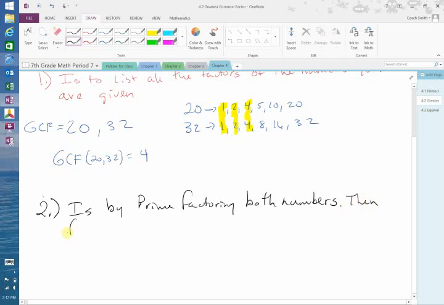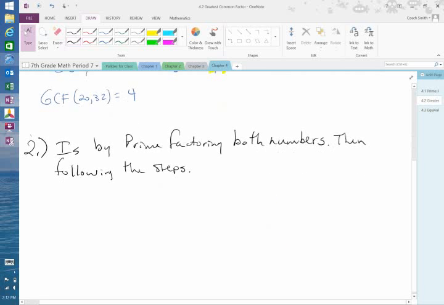Then following the steps. Okay, so this one, I'm going to detail it more as far as words go, because this is the way that you need to know how to do it. Okay, this is the way that you're going to be required to do it, regardless of what it tells you in the directions of your work.